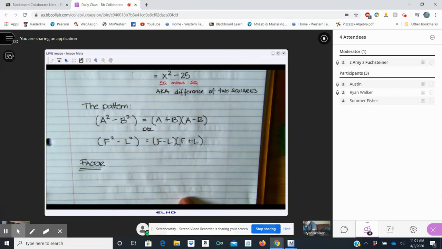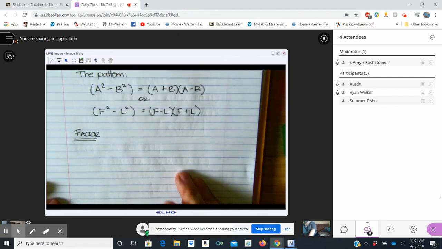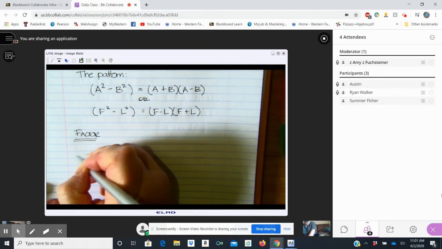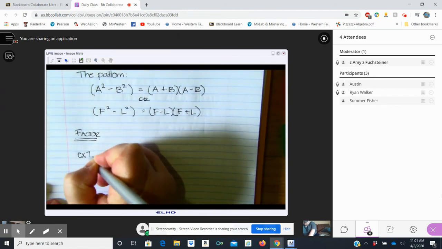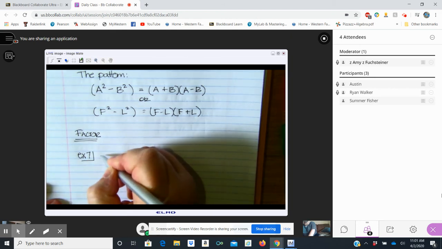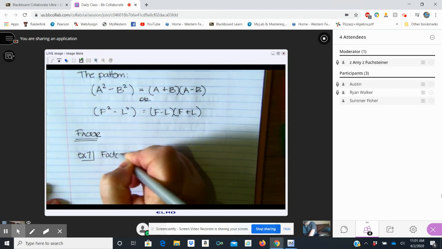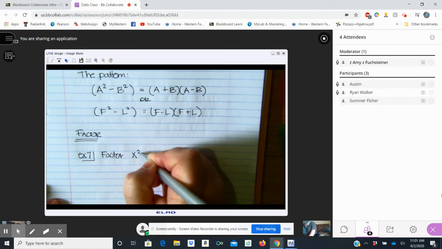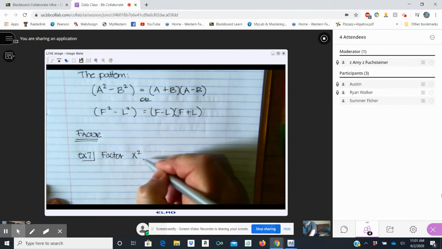So let's try a couple of these with the pattern and see how quickly it catches on. So we're going to factor x squared minus 9.